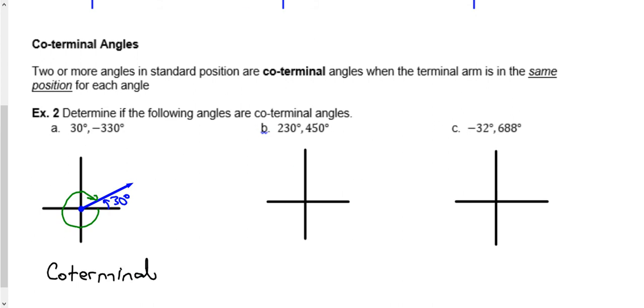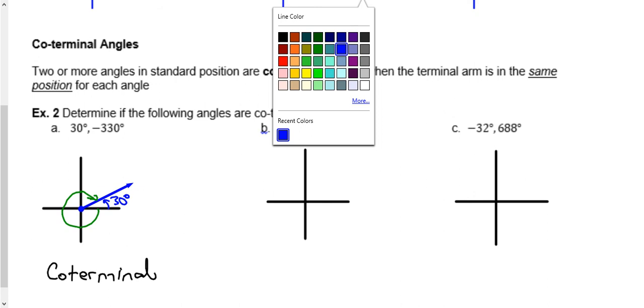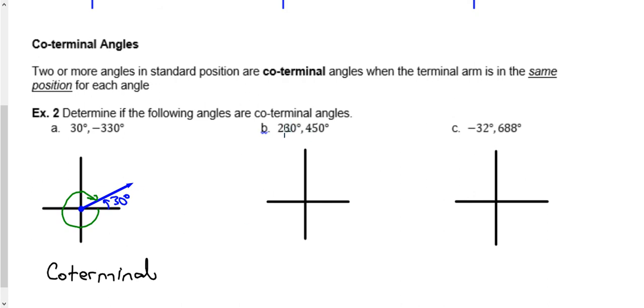Okay, let's draw the next one. So the next one we're looking at 230 degrees. Well, where is 230? So I'm going to do this in two colors. So again, here's our initial. That's 90. That's 180. Right here's 180, 270. So 230 has to be somewhere in here. So again, 180 is here, 270 is here.